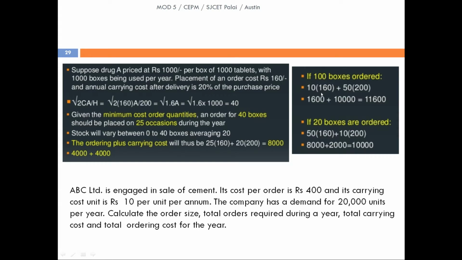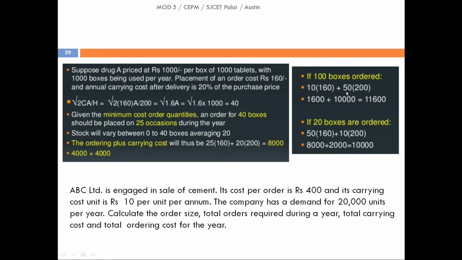Therefore the ordering cost will be 160 multiplied by, since we require 1000 boxes per year, this 100 boxes multiplied by 10, we need to provide 10 orders, therefore 10 multiplied by the cost incurred for each order, which is 160. Therefore 10 into 160 plus 50 into 200.